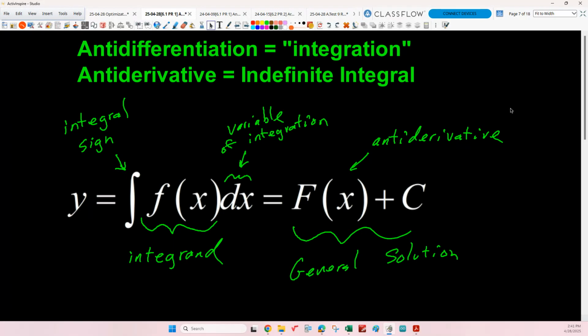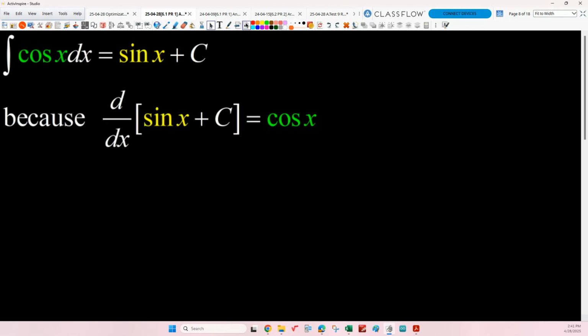This is what we call the constant of integration, and all taken together, this is called the general solution of the differential equation. That's a lot of vocabulary, but it's very simple. You already know how to do it. For example, this is how we would say this statement in calculus. The integral of cosine x dx equals sine x plus c.